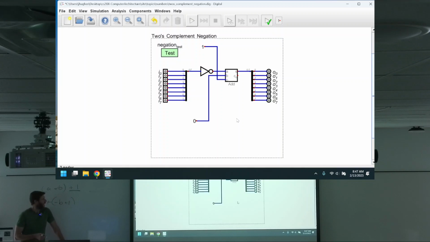Anyways, the bit pattern 0, 1, 0, 1, 0, 1, 0, 1. What is that?